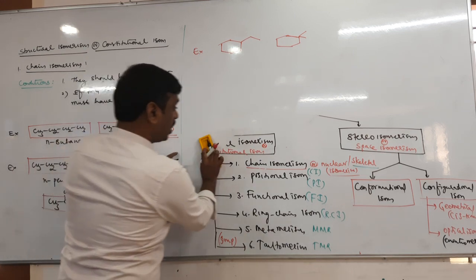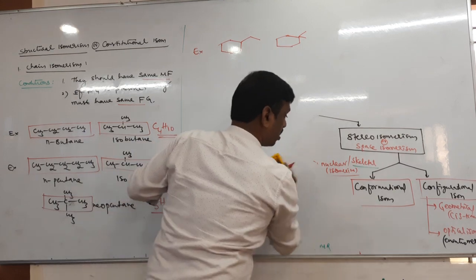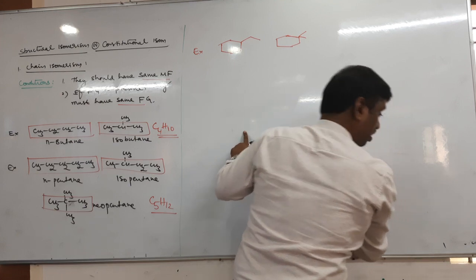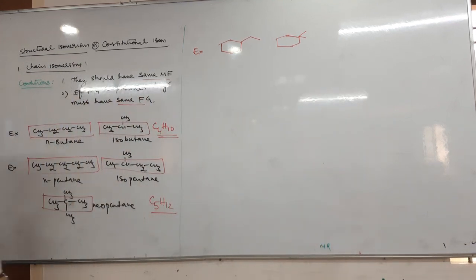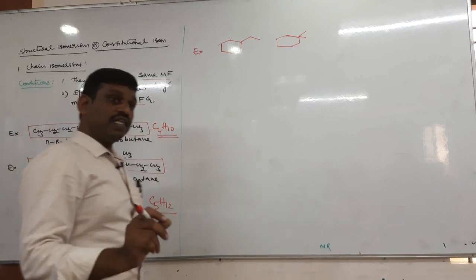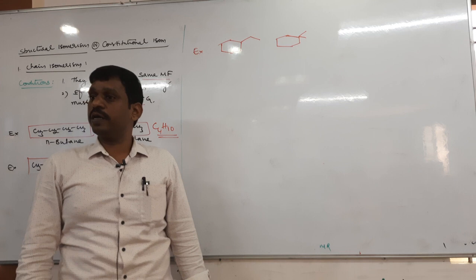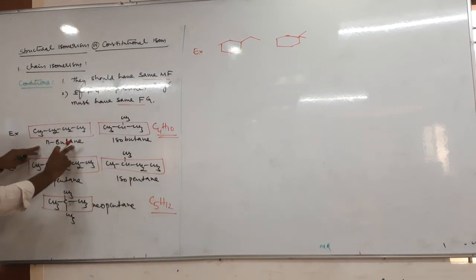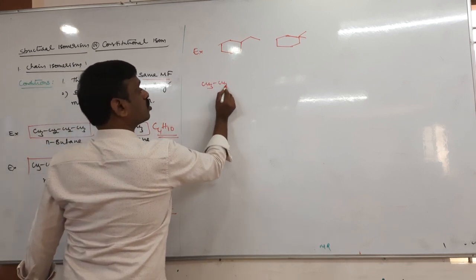Okay, but in chain isomers, one important point: the number of chain isomers increases with increasing number of carbon atoms. But one more important condition is that for chain isomerism, an organic molecule must have at least how many? 4 carbon atoms. For example, it is n-butane. We will write the chain isomer with 3 carbon atoms.